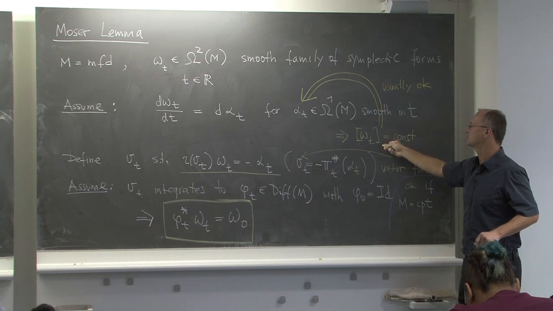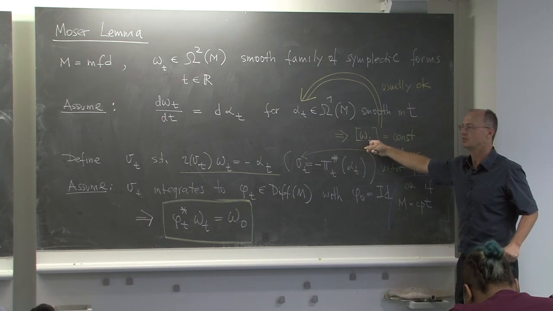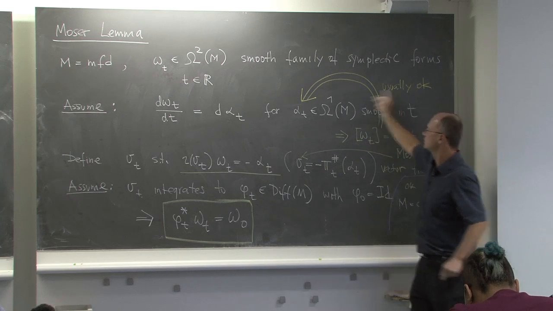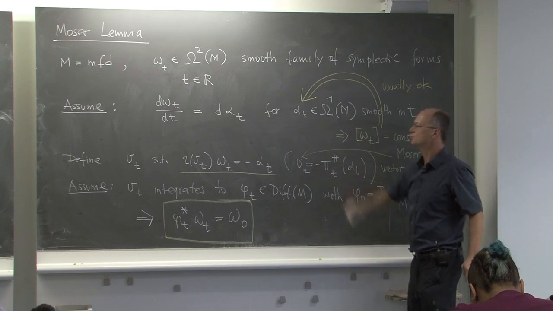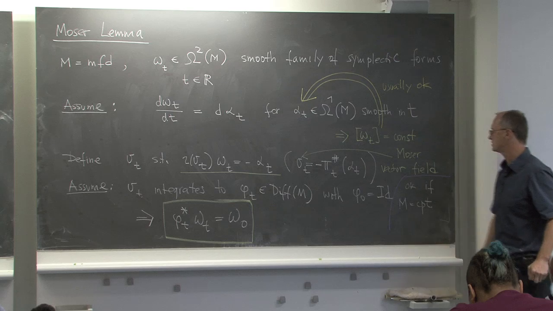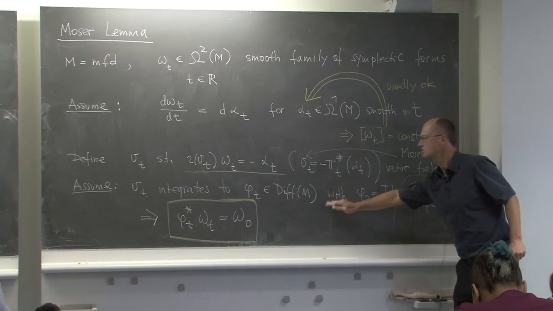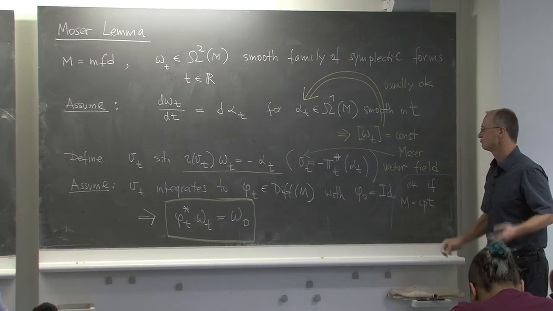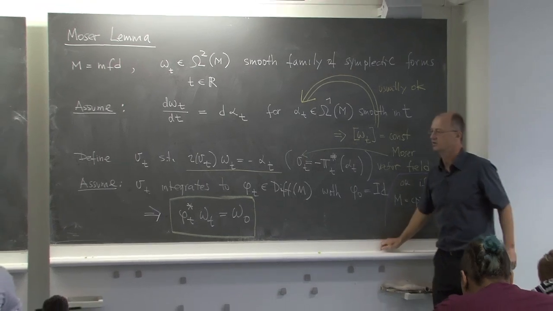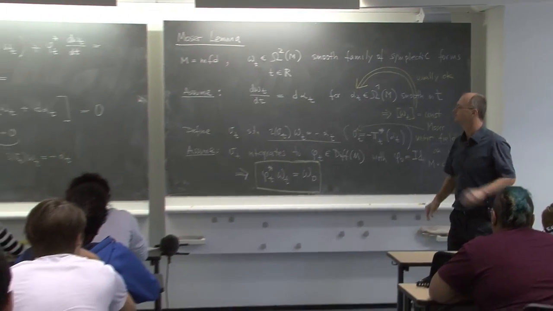So if omega t is in the same cohomology class independently of t, then usually you can produce a smooth family of primitives. So this is usually fine. This is often not fine, but with some work, maybe one can make it fine.